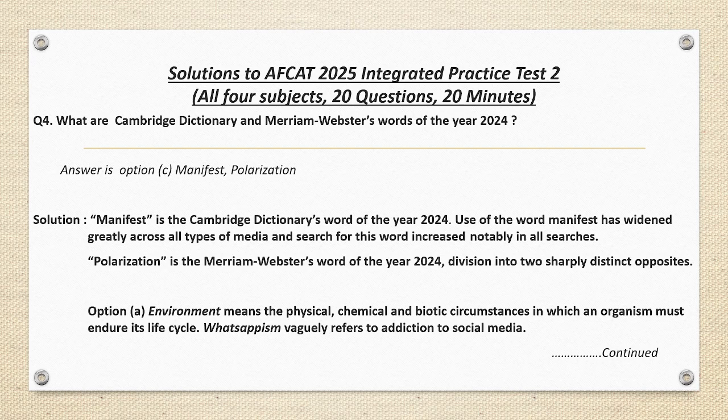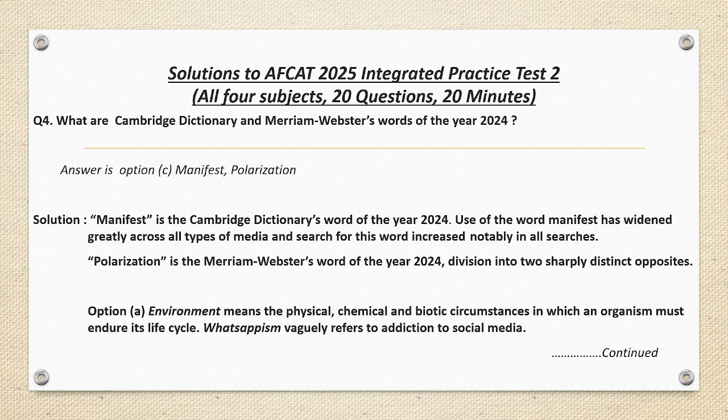And manifest is the word of Cambridge Dictionary for 2024, whereas Merriam-Webster has selected polarization as the word of the year 2024.